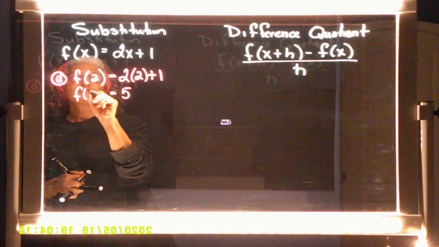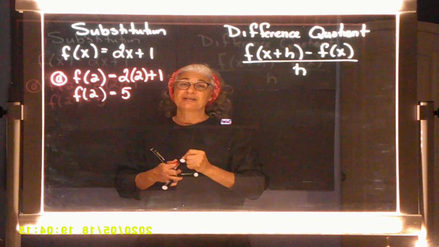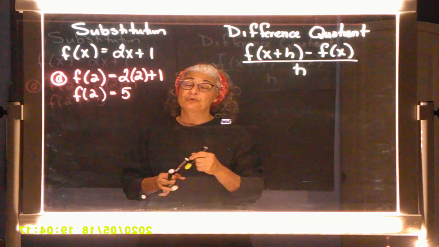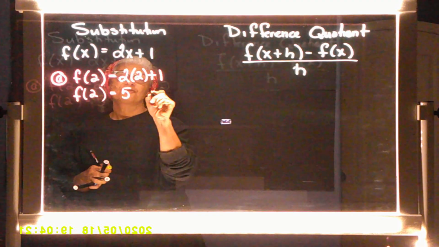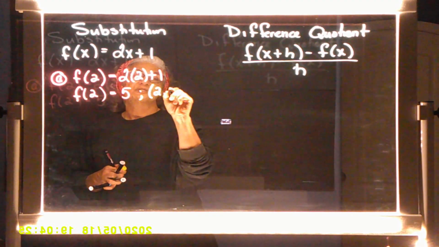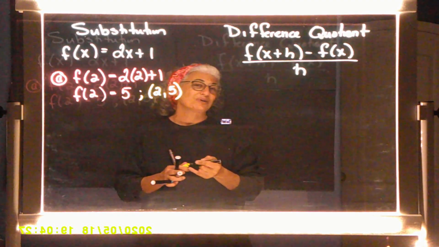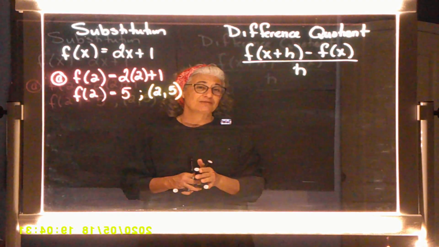So f of 2 would equal, good, 5. Now, by the way, you could write that as a point because what was your input? Your input was 2. What was your output? Your output was 5. So you could actually write that as a point. Just saying, in case they say something about it.